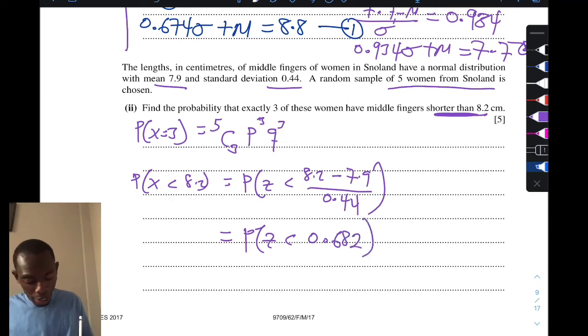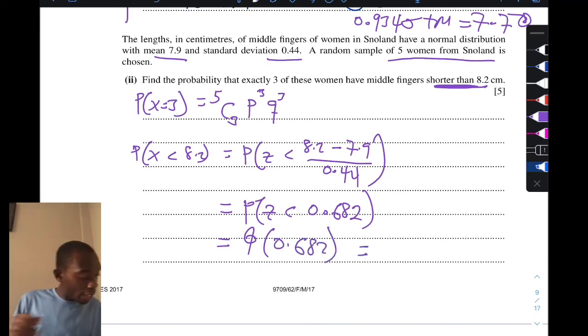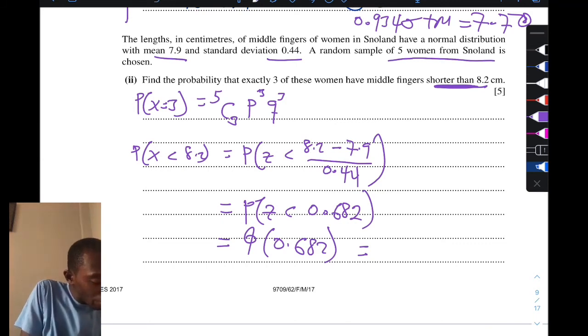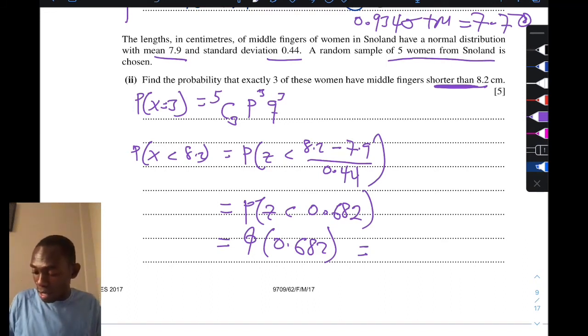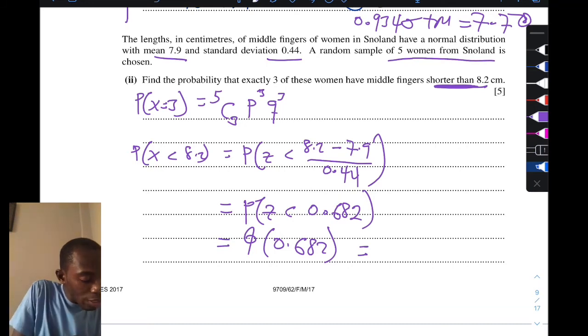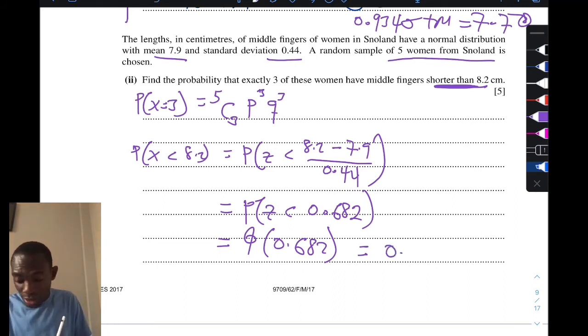0.682. Okay, so from the z table we have 0.68, so let's see, 0.6 against 0.8 will give me 75.17, plus, let me go and add the 2 to it, and then 2 on the table gives us 7, so that means we have 75.24, so 0.7524.